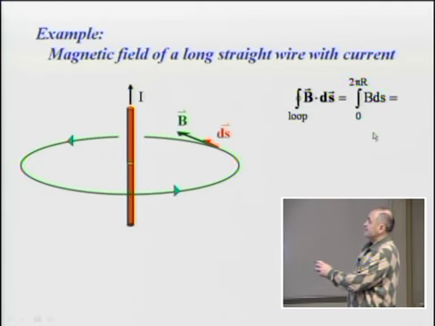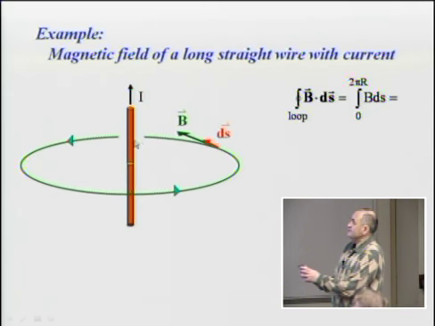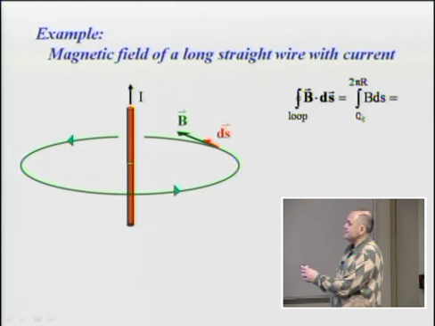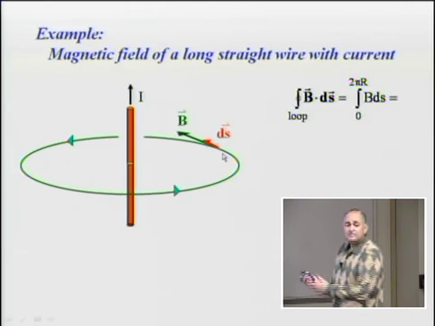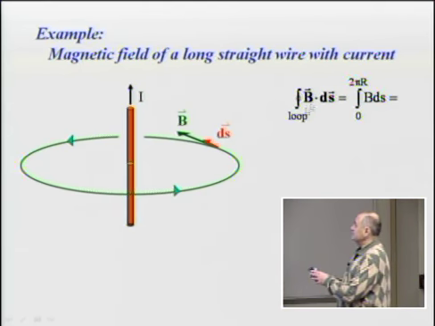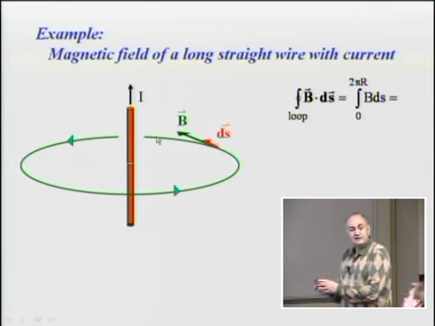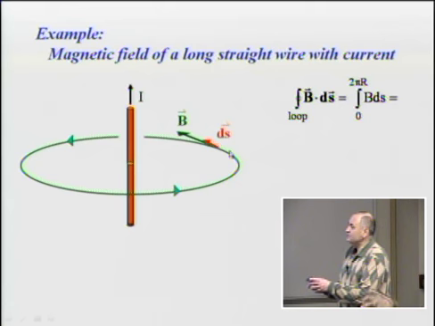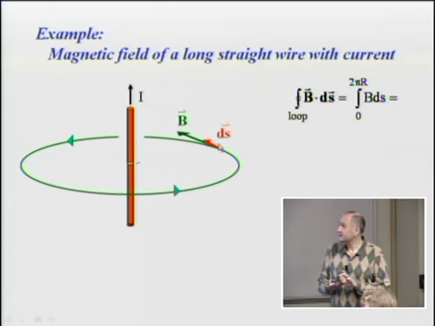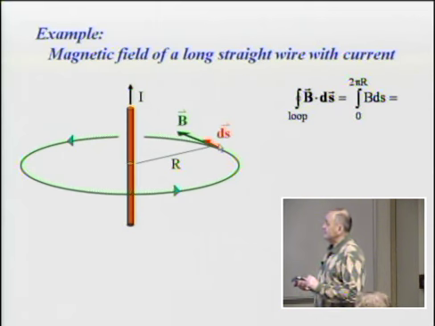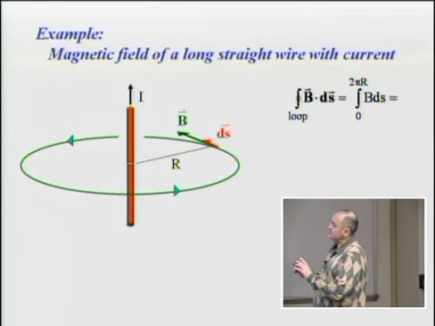So since we pick here the length of the arc, if I start from any point, let's say from this point, to which I will assign s equals 0, so the lowest value for s, then the highest value for s will be the full circumference of the circle, which means 2 pi times the radius of that circle, or in other words, the distance from the wire to the point at which I'm trying to determine the magnetic field vector.